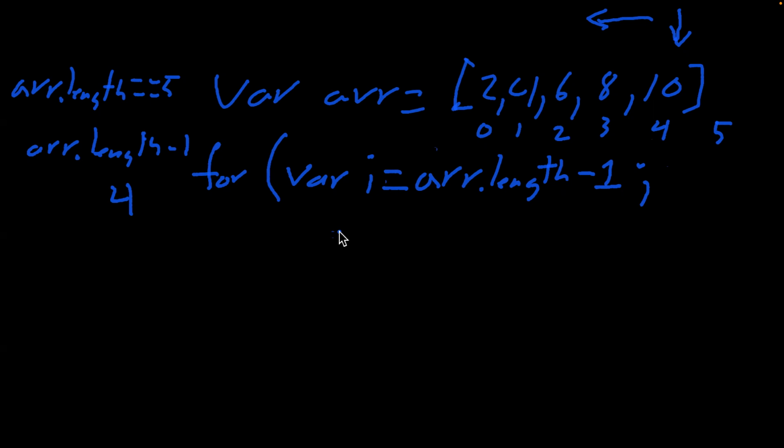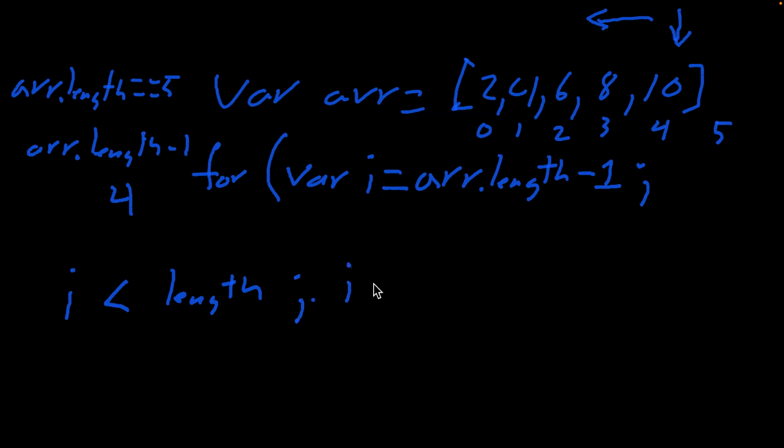It's 5. Yeah. And so if we say while I is less than the length, well, we're saying while I is less than 5, and we want to decrease I, right?